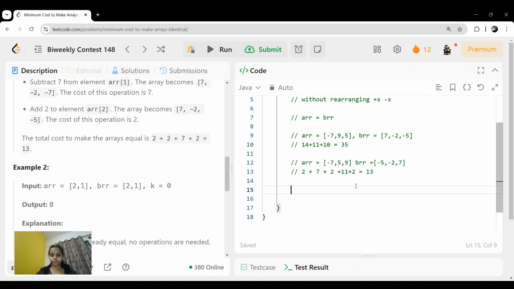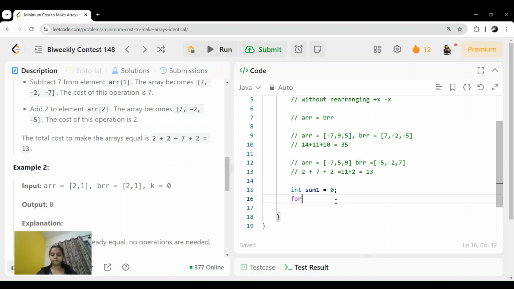Let's code. First, let's say I will store sum1 equal to 0. First we do this, and then we will sort both the arrays and do it again.